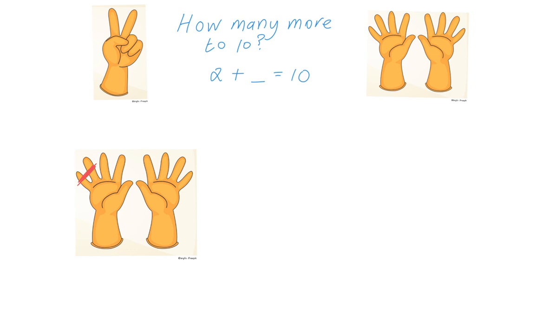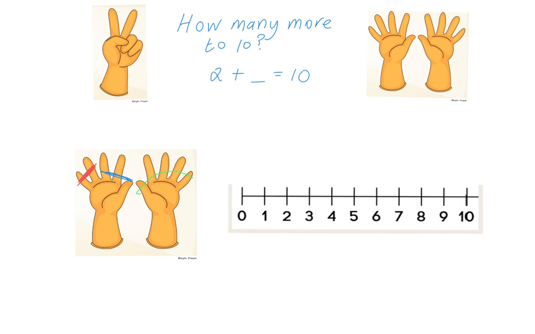So we've got our 2, how many more till we get to 5? And students can then work out, okay, so we've got 3 more to get to 5. And then once we get to 5, we can use that other 5 to add on to get to 10. So 2 plus 3 gets us to 5, and then we've got another 5 to get to 10. 5 plus 5 equals 10.